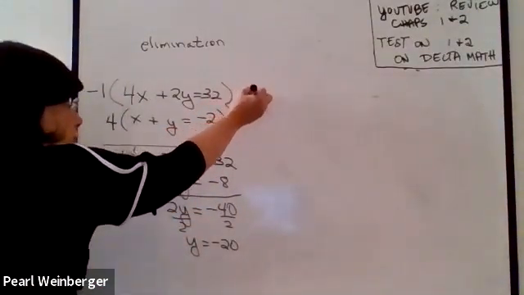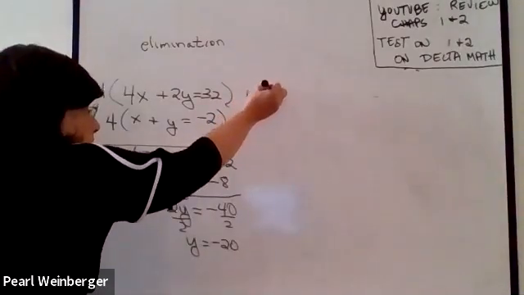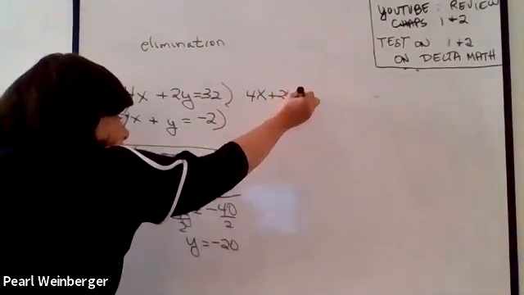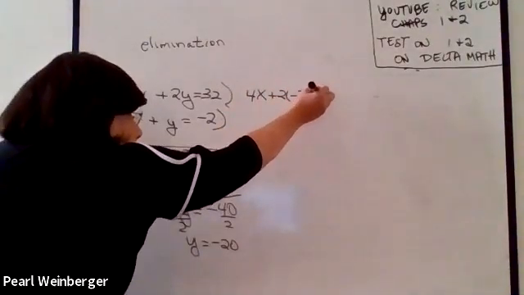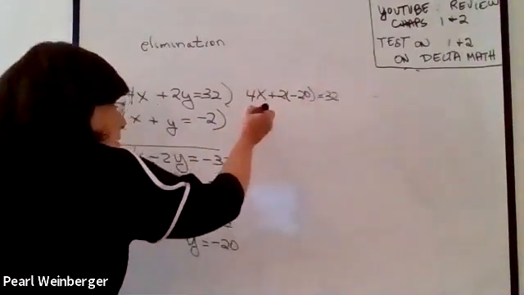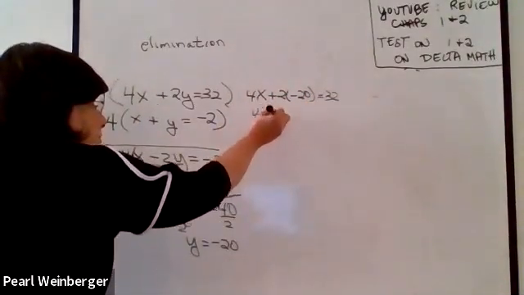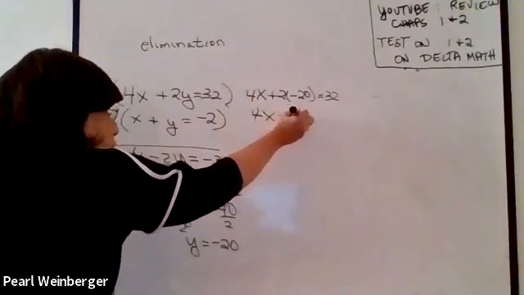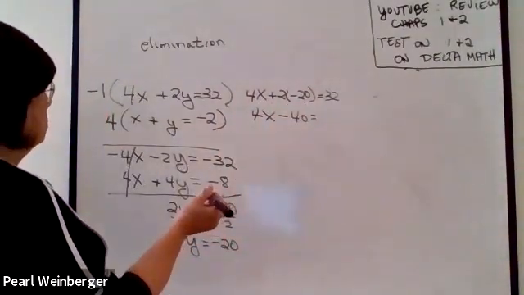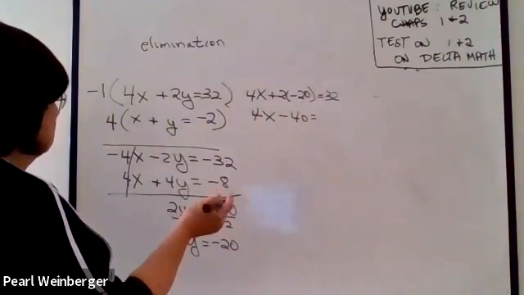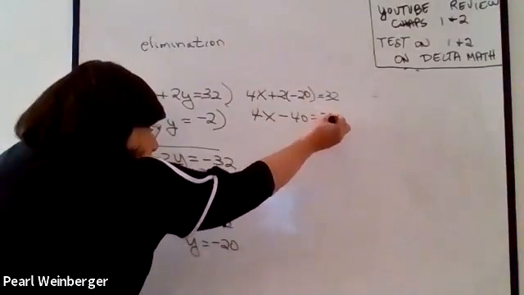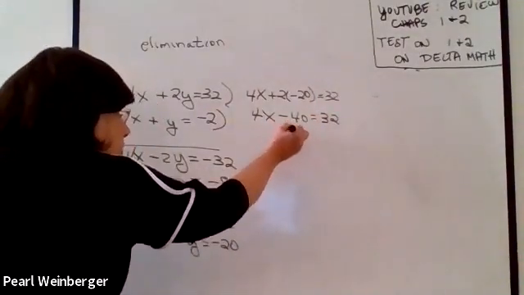Then I will go 4x plus 2 times -20 equals 32. So that'll give me 4x minus 40 equals 32. I'll add 40 to both sides.